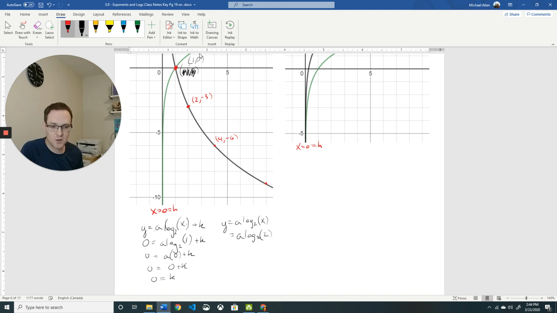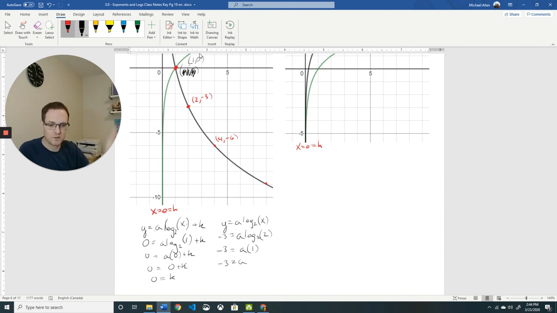If I put a 2 into this, I need to get a -3 out. Now remember our rules. The log base of a number that's the same as the base that we have, so 2 of 2 or c of c or a of a, that's 1. Okay, you can plug it in your calculator too if you want to. So a is equal to -3. Makes sense.